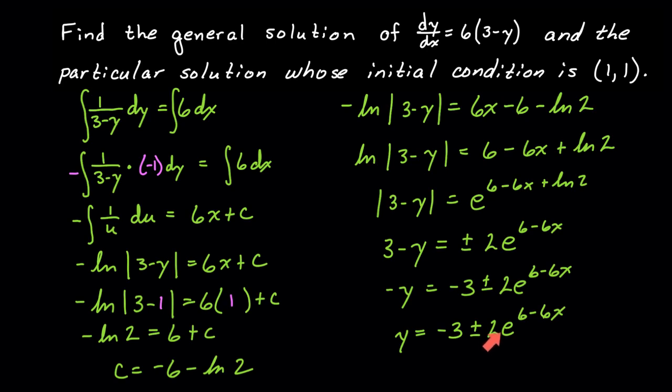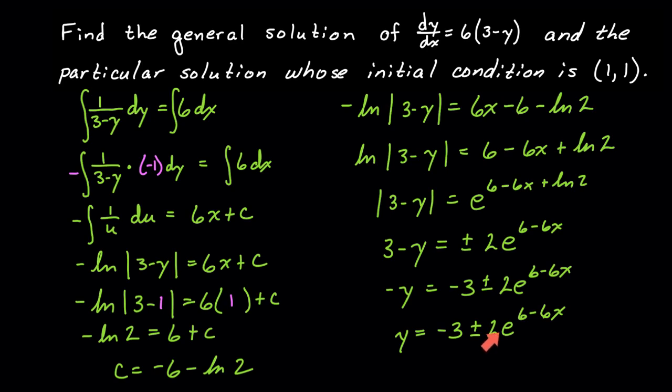And that we determine by our initial condition right here. And so that means if I plug 1 in for x, I have to get 1 for a y value. All right, so if we plug 1 in for x, that's going to give us 6 minus 6, which is 0. E to the 0 power is 1, and 2 times 1 is 2.